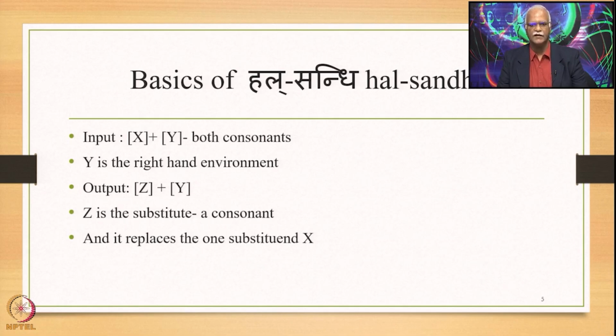Y is the right hand environment, and then the rule applies and the output generated is z plus y, where z is the substitute of x and z is a consonant, and this z replaces the one substituent, namely x.